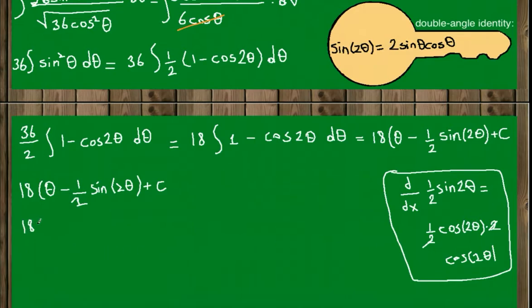So 18 times theta minus 1/2 times 2 sine theta cosine theta. Here the 2's cancel out. So 18 times theta minus sine theta cosine theta.